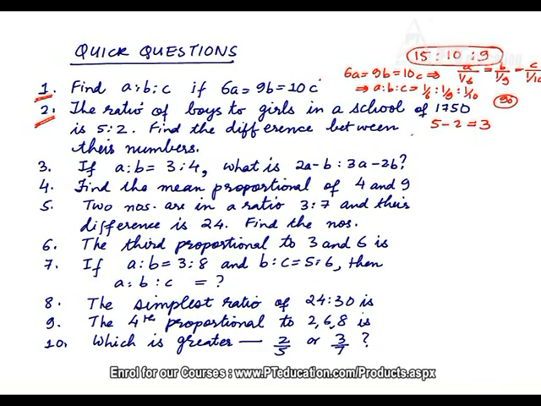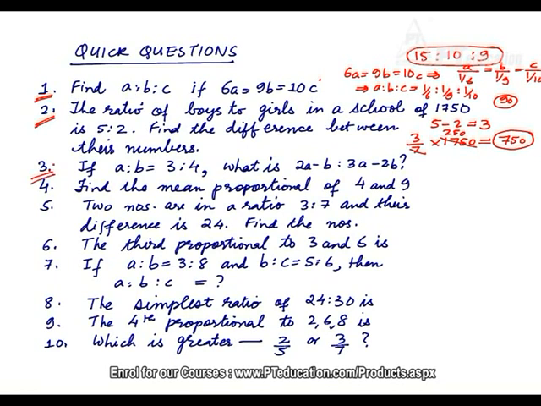So our final answer will be 3 by 7 of 1750. Now if you solve this, it will directly give you 750 as the answer. How? Just solve this. This will give you 250, and 250 into 3 is 750. 750 is our answer.